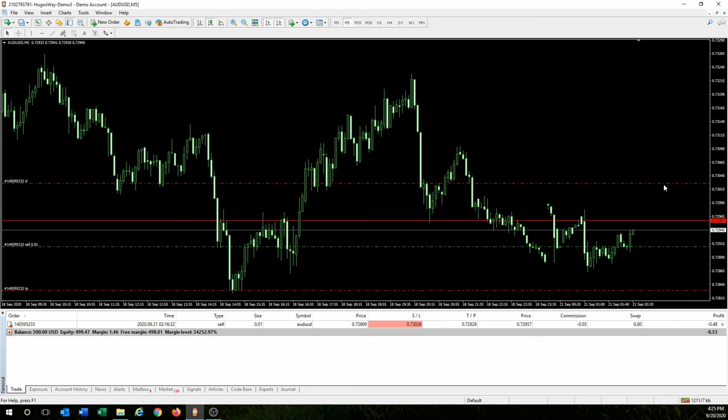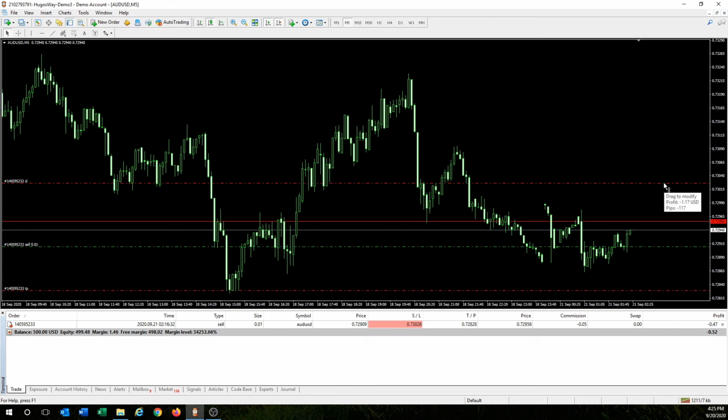Right now our stop loss is set at $1.17. So if price continues up and this red line hits our stop loss, it will take $1.17 out of my balance. And if price continues down and hits this line, it's going to put 81 cents into my balance.